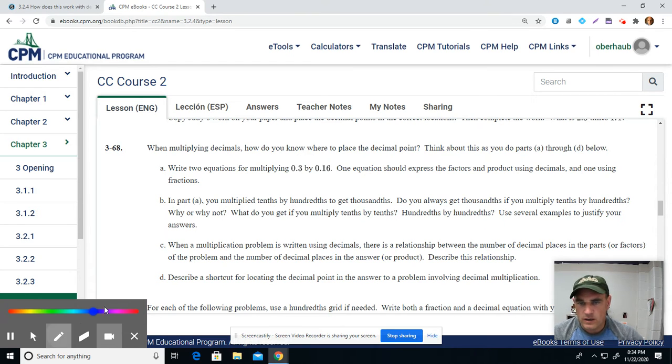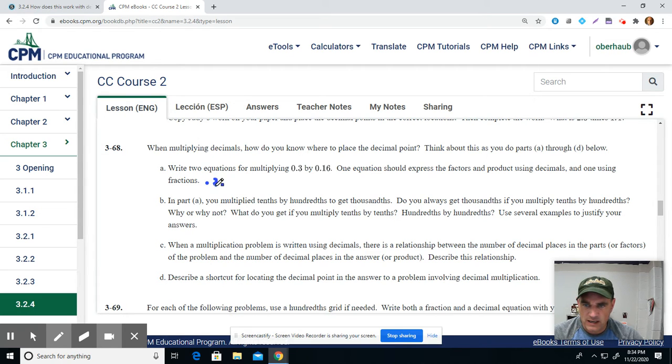All right, well, if we were going to write an equation for this, the first one as a decimal is pretty much what they have, 0.3 times 0.16. So there's my decimal equation equals, and when we multiply that out, we'll get an answer. And the other one wants us using fractions.